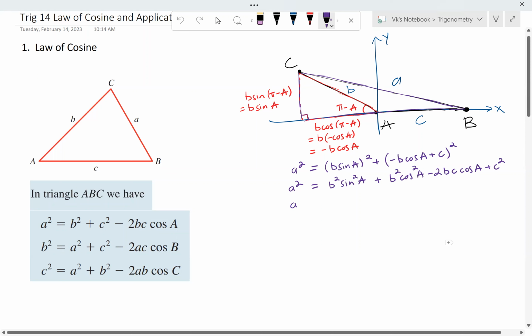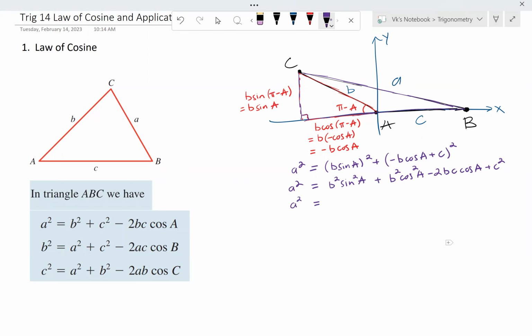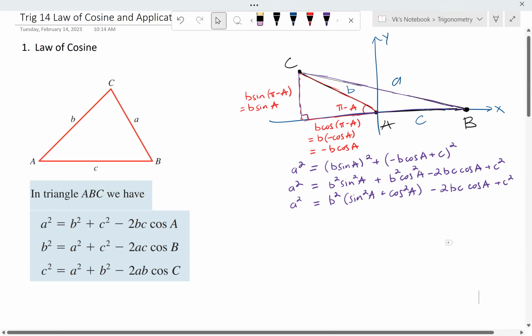From here we can factor out the b squared, and we have b squared times sine squared plus cosine squared, minus 2bc cosine A plus c squared. Well, sine squared plus cosine squared is 1, Pythagorean theorem.